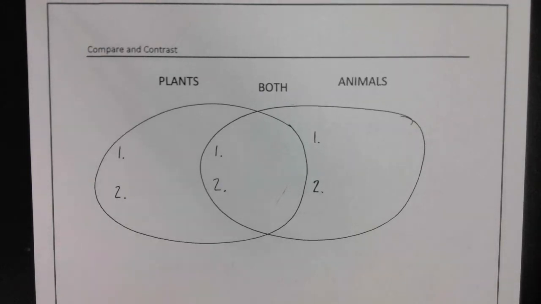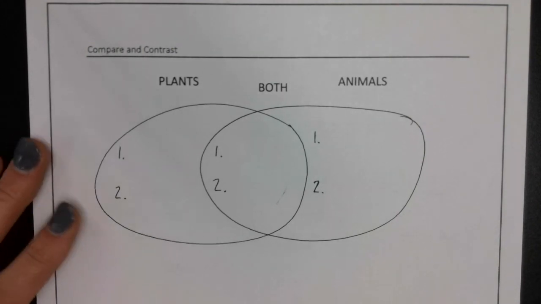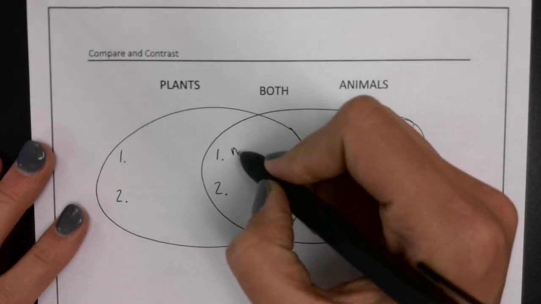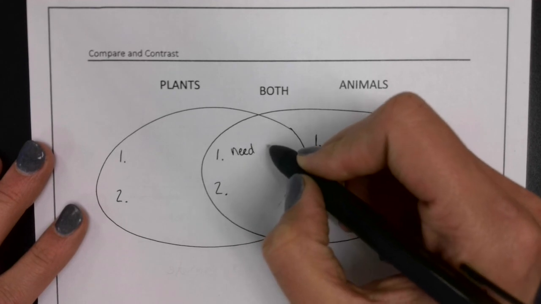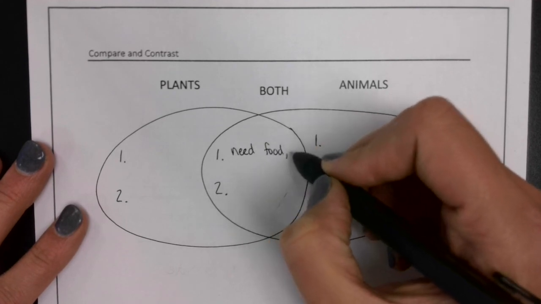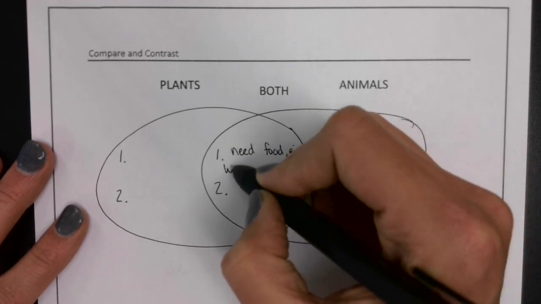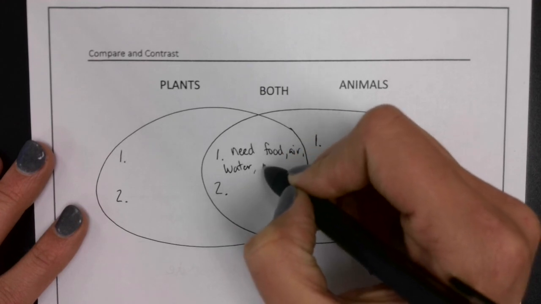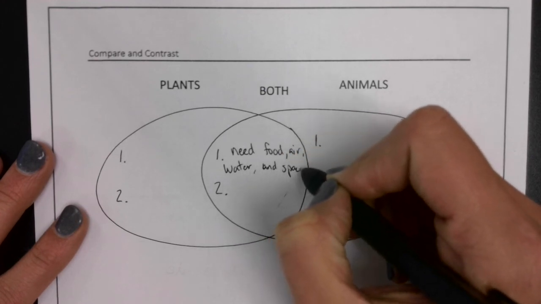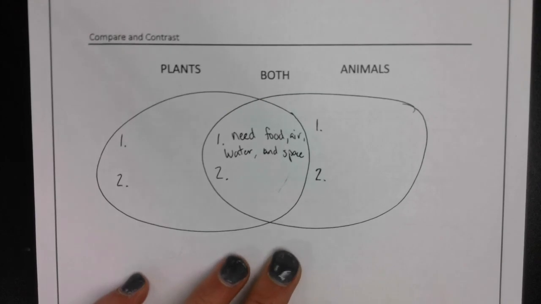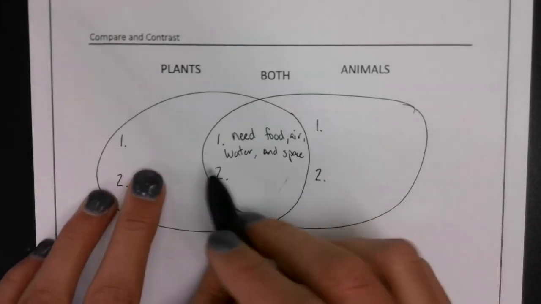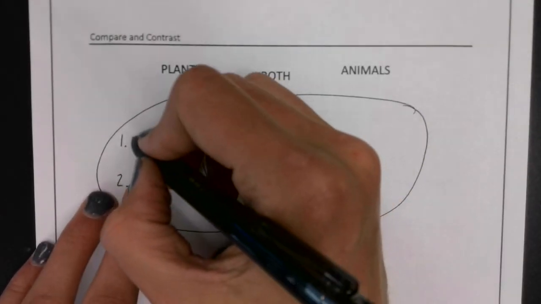Now, right at the beginning of our chapter, we learned that all living things need food, air, water, and space to grow. So that's going to be the first one I put for both of them. And then let's talk about food, right? Plants can make their own food.